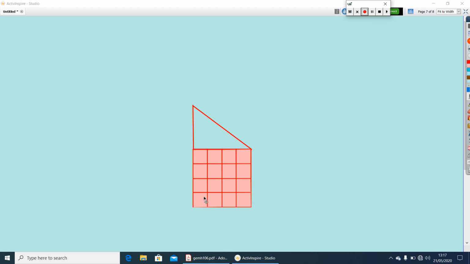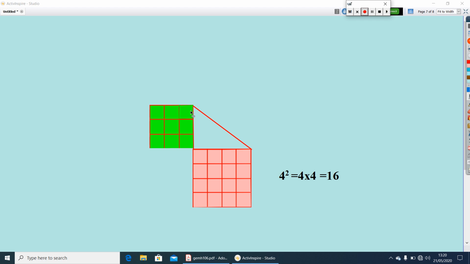You can count and find it out: 1, 2, 3, 4, 5, 6, 7, 8, 9, 10, 11, 12, 13, 14, 15, 16. So 16 square units is the area, or this can be represented as 4 square, 4 into 4, equal to 16. So here you have 16 square units.